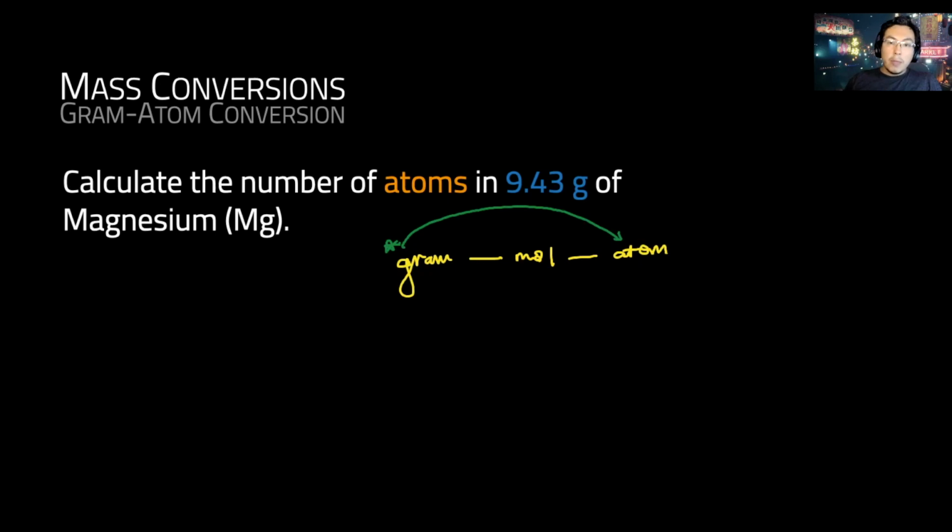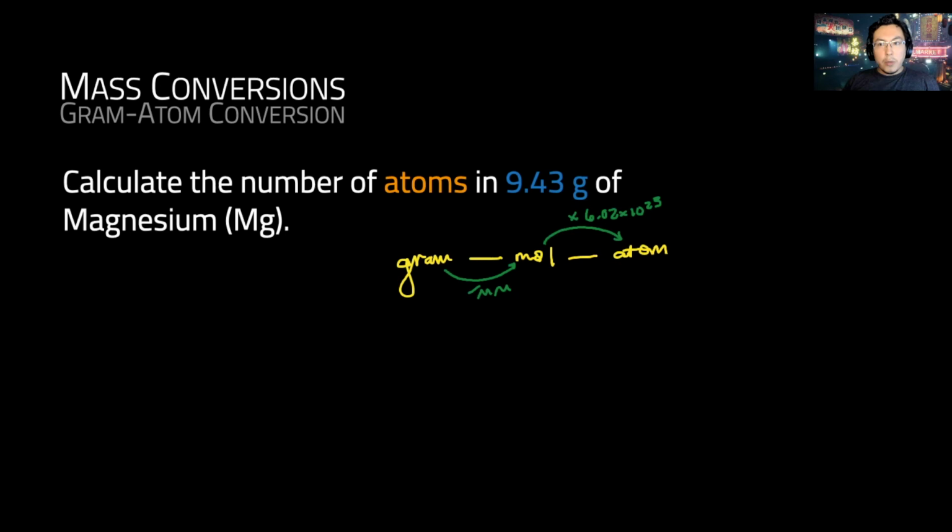We first need to make a stop in mole town, right? So we're going to be going from gram to mole. We're going to be dividing by the molar mass, right? And from mole town to the atom, we're going to be multiplying times Avogadro's number, right?